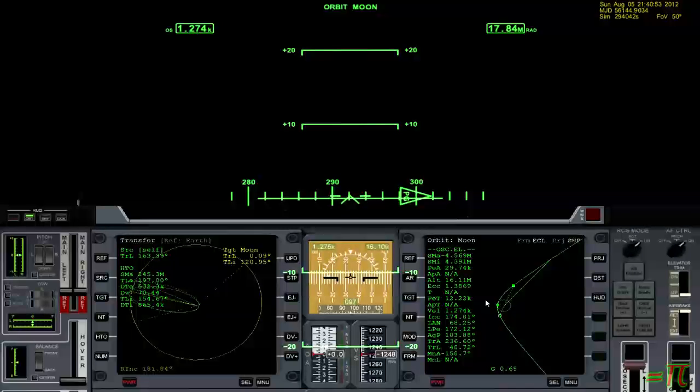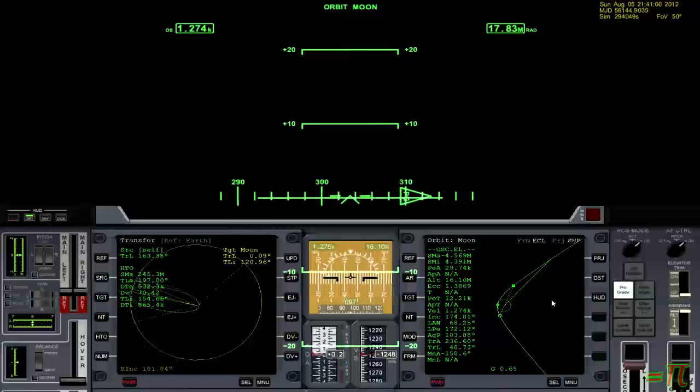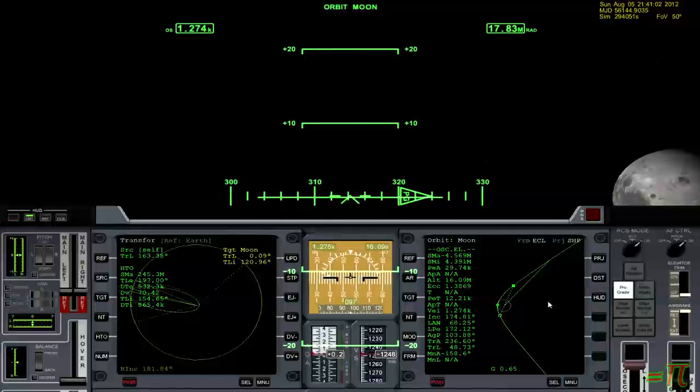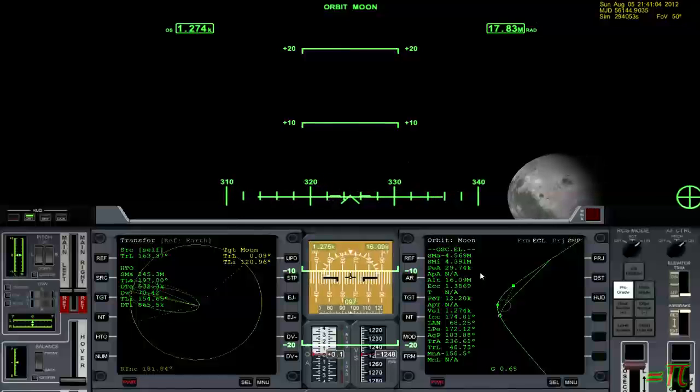Okay, 29 kilometers, that looks good. Go ahead and turn prograde.